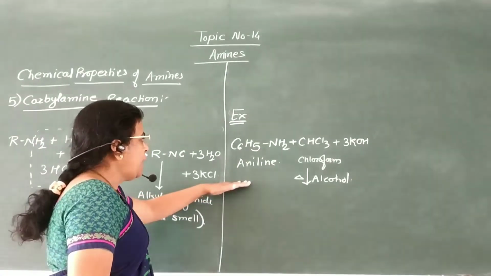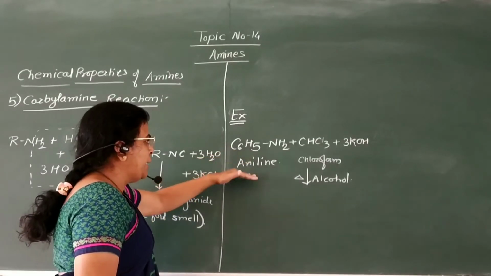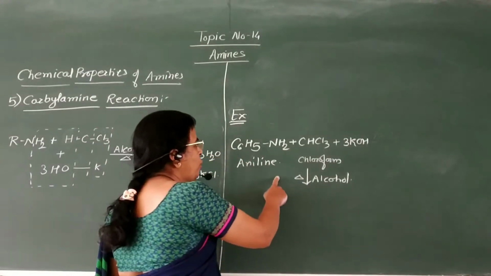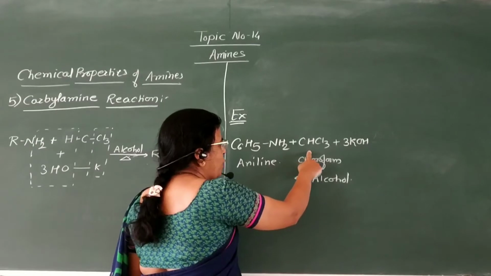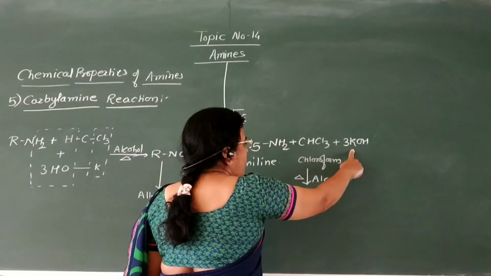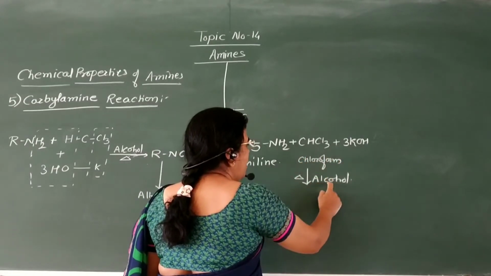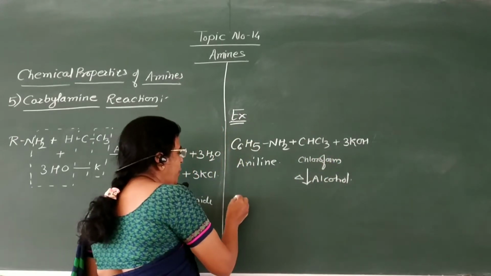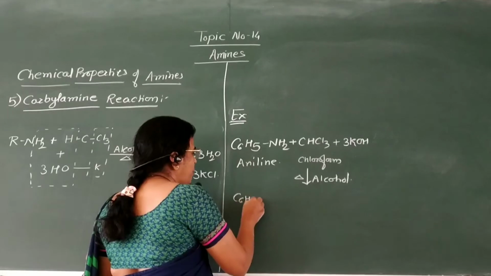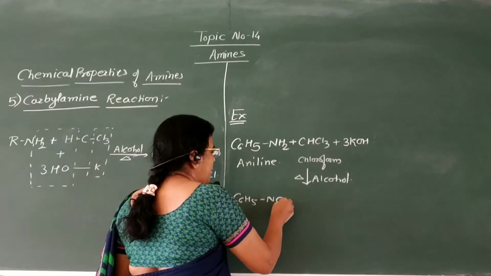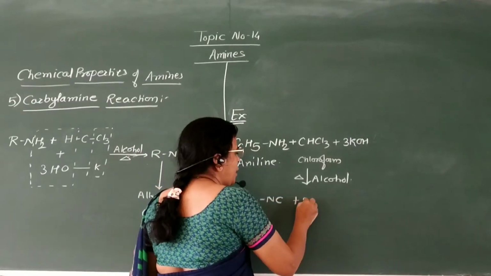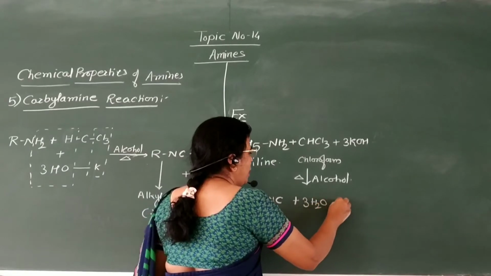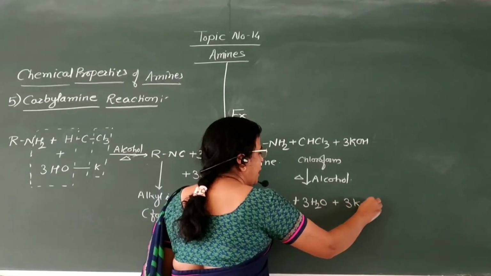Now this is the example. This is aniline, that is C6H5NH2. When this aniline is treated with chloroform and potassium hydroxide in alcoholic medium, when this reaction mixture is heated, then you will get C6H5NC plus 3 molecules of H2O plus 3 molecules of KCl.